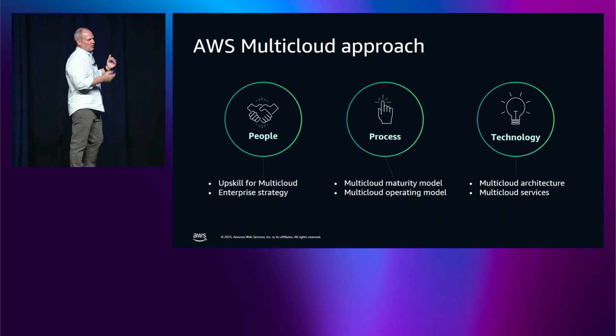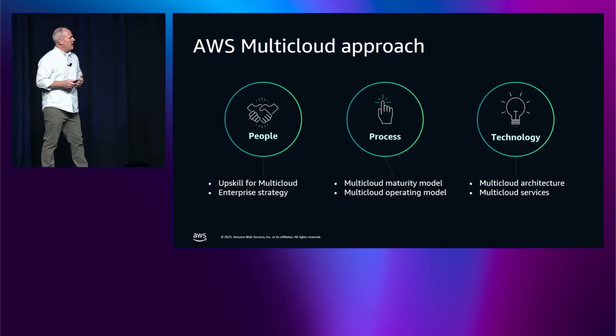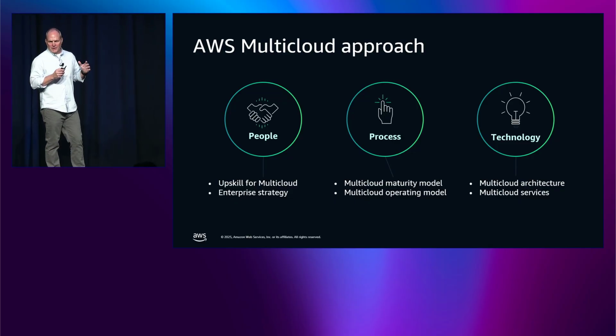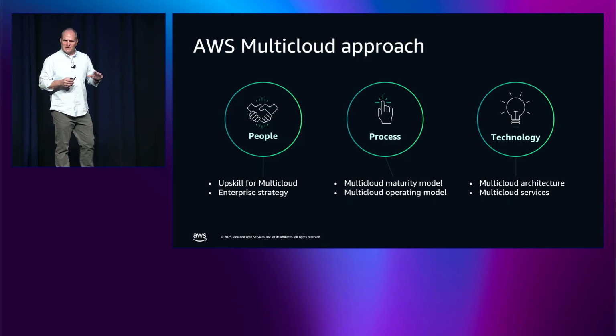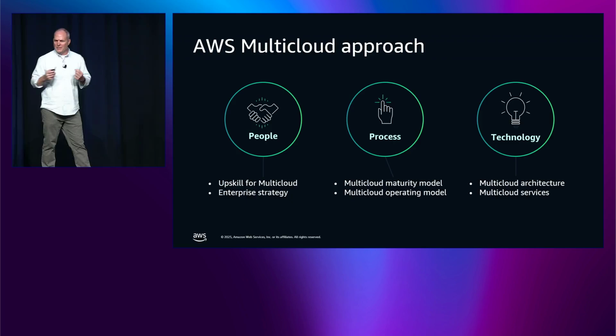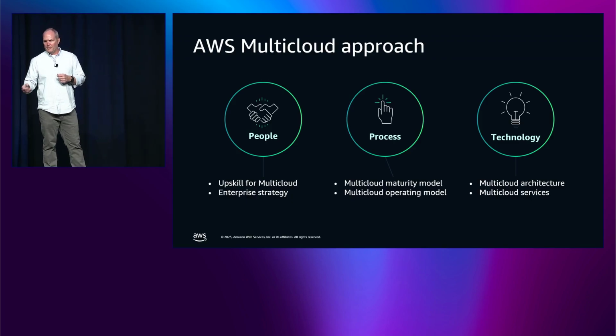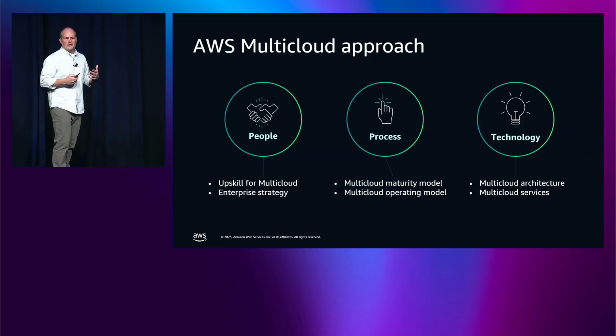Let's go into the multi-cloud approach I mentioned a minute ago, the cloud maturity model. This is focused on people, process, and technology. We believe that a top-down vision and strategy of treating data as a strategic asset, with value created by either efficiency of operations or additional business value, is extremely important.